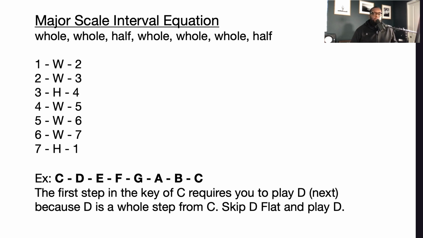And then from G, which is your fifth note in the scale, you go to the sixth note, which requires a whole step. The 6 requires a whole step to the 7, which means your A to B, and then your seventh note requires a half step back to the 1. Okay, so I'll play it right here.